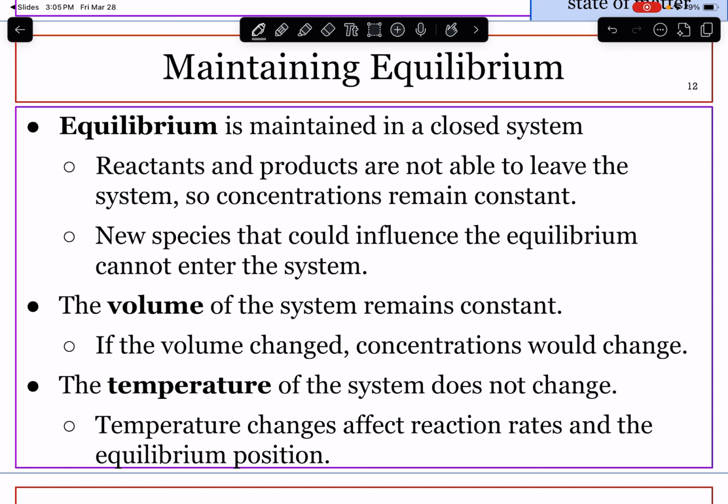This would mess up the equilibrium system. The system must maintain a constant volume, and the temperature also must not change. If the temperature changes, then the ratio between products and reactants will also change.